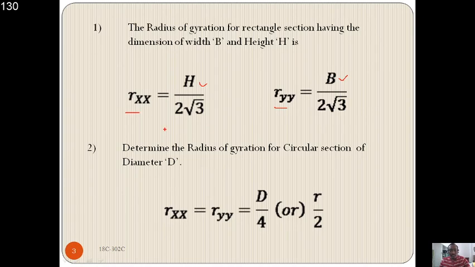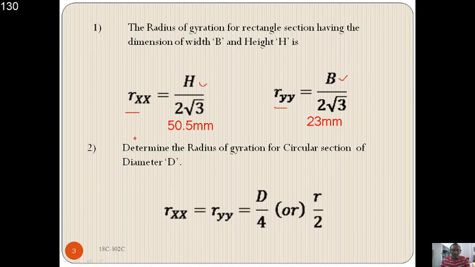Let us say rxx is 50.5 mm and ryy is equal to 23 mm. Then which is the least radius of gyration?